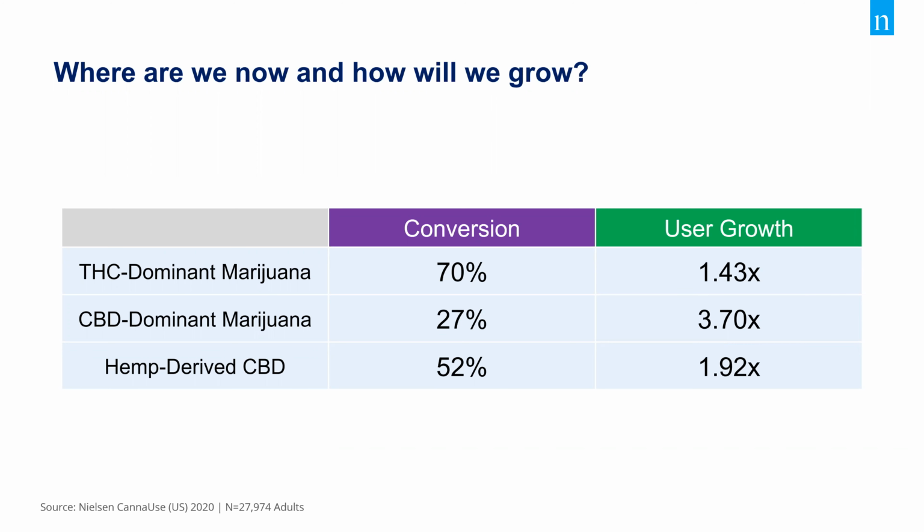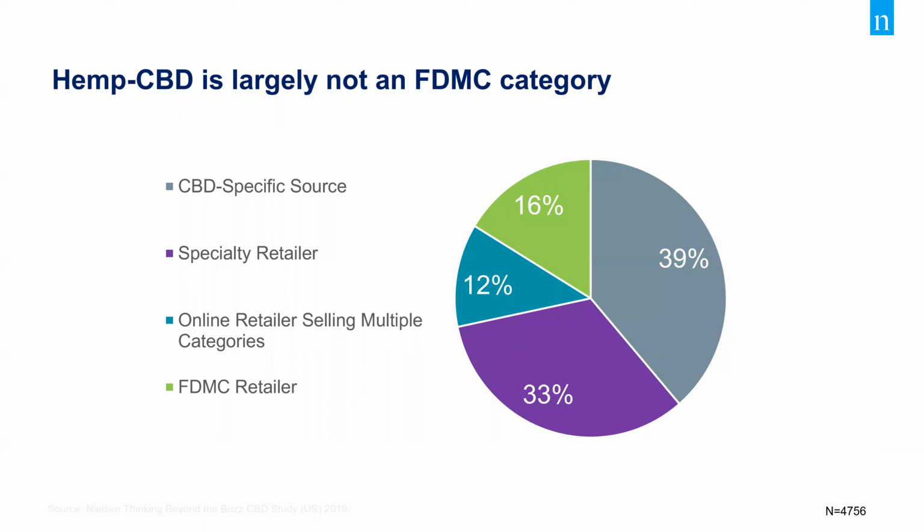But I do really want to just talk to hemp CBD really fast, just on this next slide here, just to level set. So I think a lot of folks on the phone are probably pretty familiar with the dispensary landscape or understand that there's this whole other channel where people are getting legal marijuana products. When we talk about hemp CBD, you can really get them from a variety of different channels.